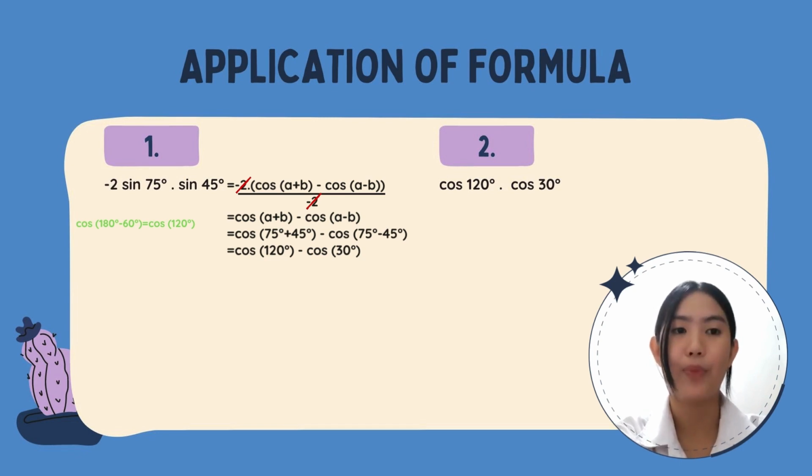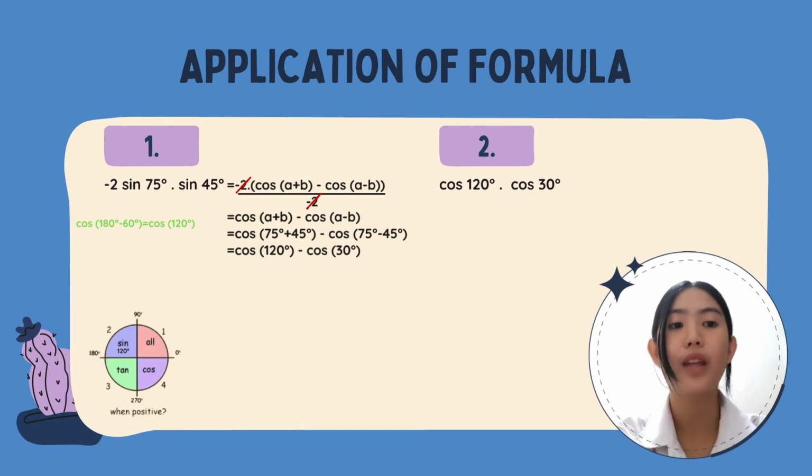But don't forget something. 120 degrees is in the second quadrant, which means it is going to be negative because what we're finding right now is cos. So cos 120 degrees is equal to negative cos 60 degrees, and just write down the value, which is going to be negative 1 over 2. And negative cos 30 degrees is equal to negative root 3 over 2.